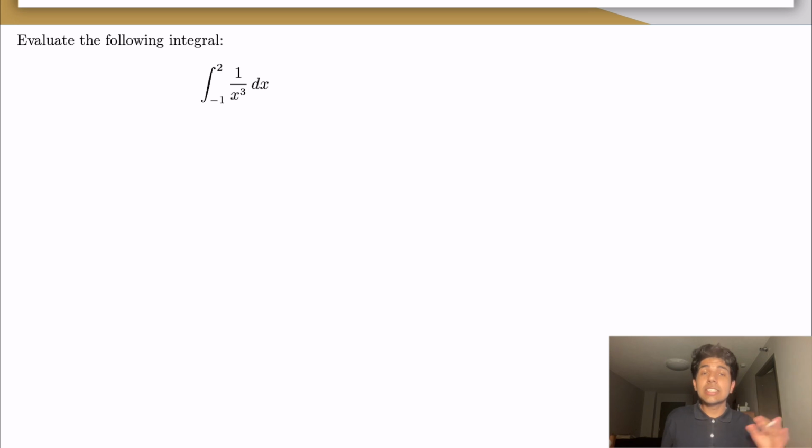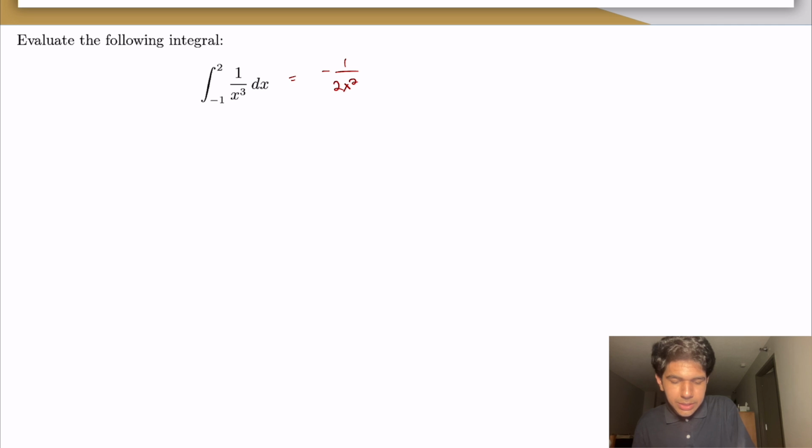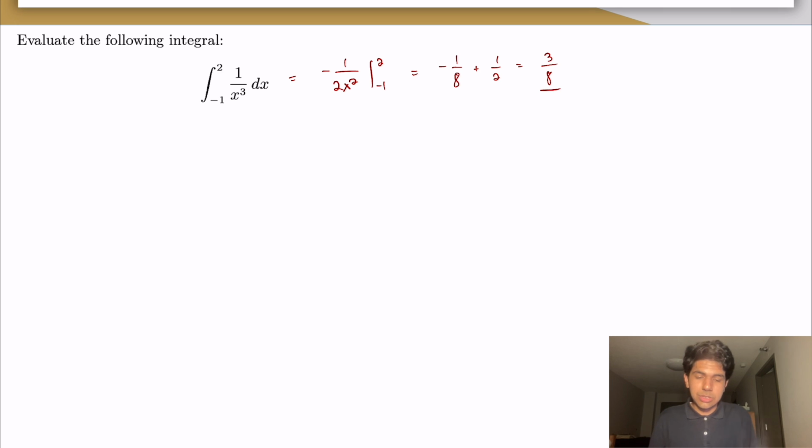Let's suppose we didn't know that, and we solve this as normal, and then we'll compare it to what we get when we recognize the infinite discontinuity. The integral of 1 over x cubed is negative 1 over 2x squared, evaluated from 2 down to negative 1. Using the fundamental theorem of calculus, we get negative 1 over 8 plus a half, which is equal to 3/8. So this is our solution just by doing the normal fundamental theorem of calculus.